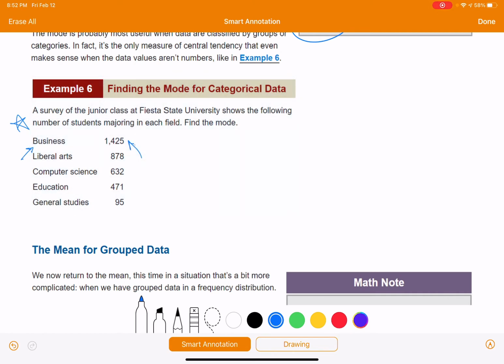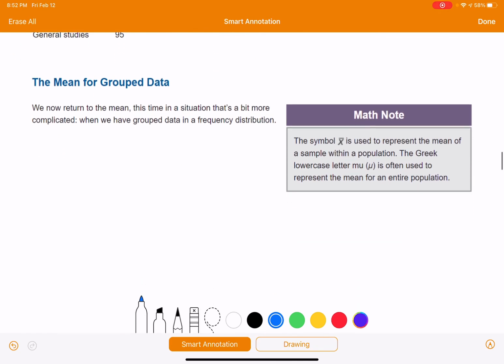We're looking for which one has the most information. In this case, business. We're going to choose business because it's the most typical case, business with 1,425.